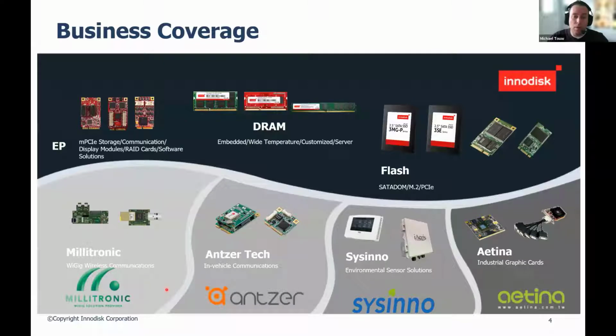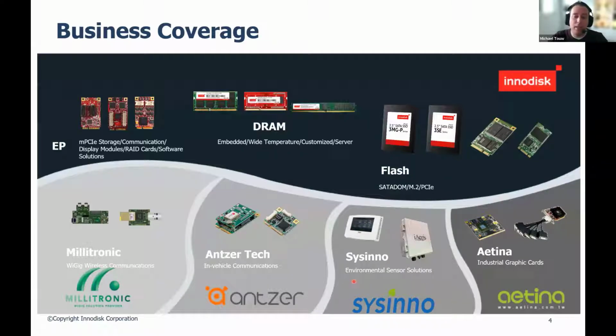But Innodisk also has a couple of other sister companies called Militronic, Anser, Cecino, and Etina. To start off, Etina is our industrial graphics card partner. If you are in need of NVIDIA solutions like graphics cards or small form factor mainboards, Etina can help you with this.